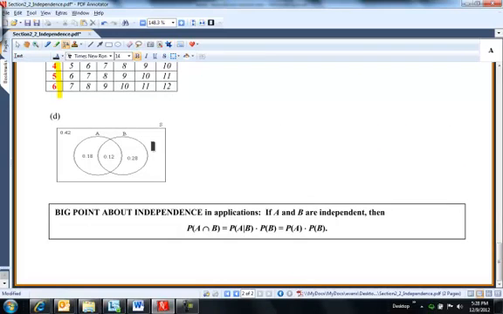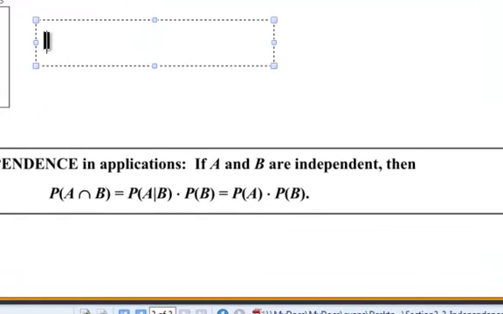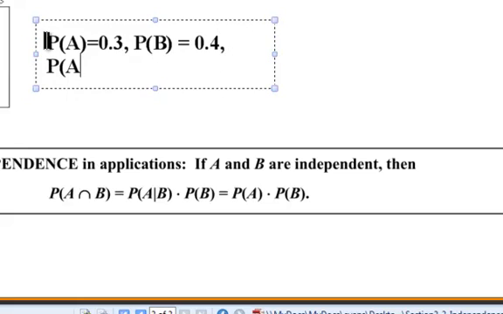Do this one a little bit differently. Here's probability of A, so let's just write those down. Probability of A is equal to 0.3, and probability of B is equal to 0.4. So the probability of A and B, you can see here, that's the intersection right in here, and the intersection is 0.12.